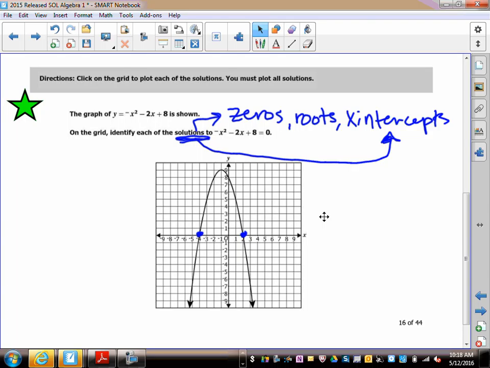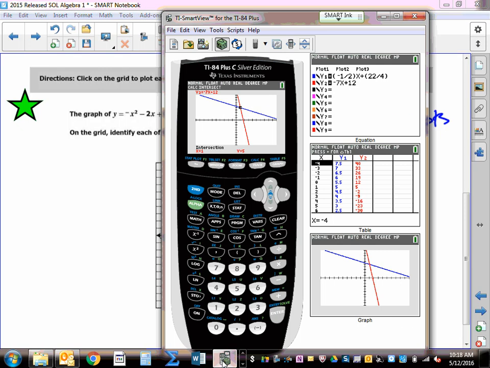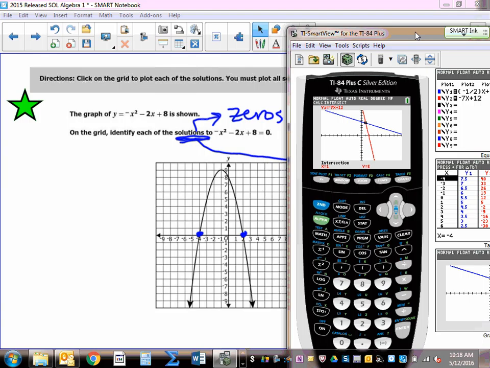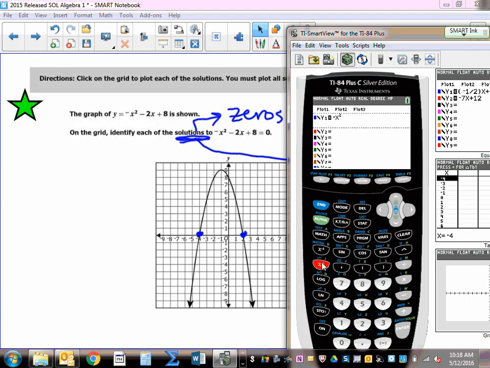Okay, I want to show you another trick with your calculator that you can use to help you out with this. So pull out your calculator. And let's type in our equation here of negative x squared minus 2x plus 8. So y equals, clear. Okay, so we have negative x squared minus 2x plus 8.